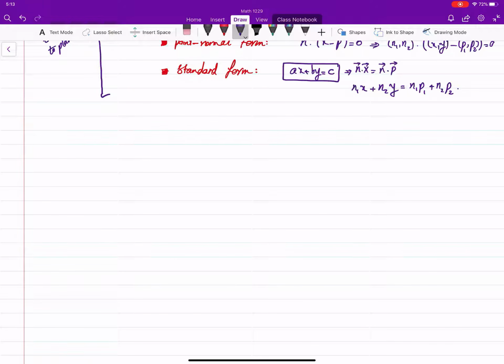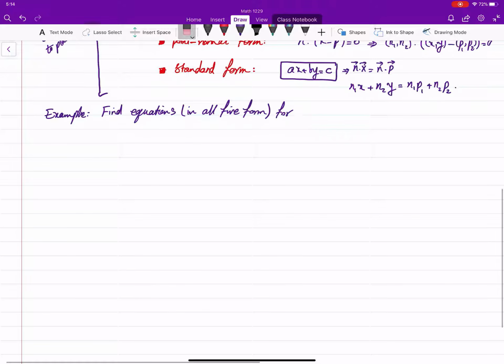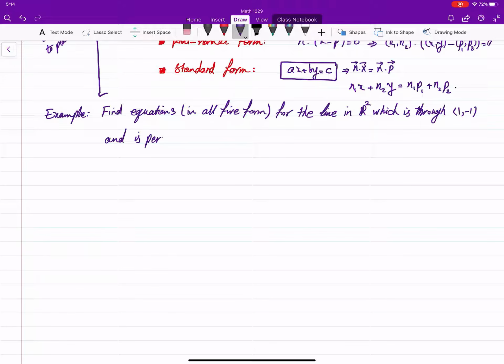Example: find equations in all five forms for the line in R2 which goes through (1, -1) and is perpendicular to the vector (2, 3).